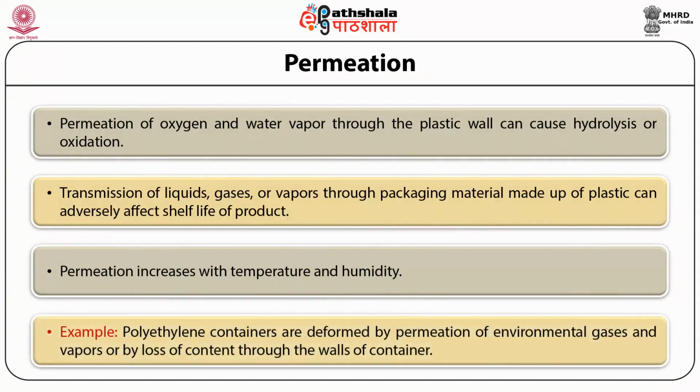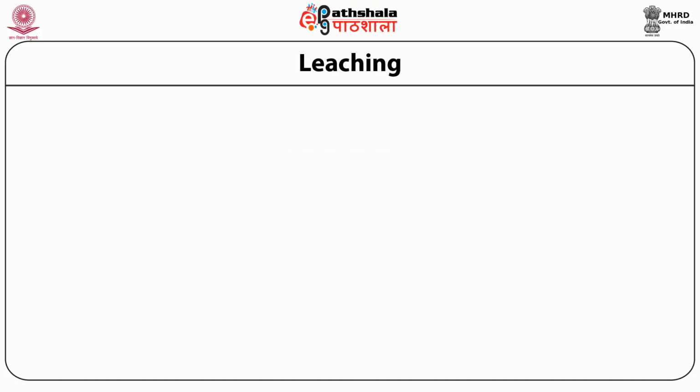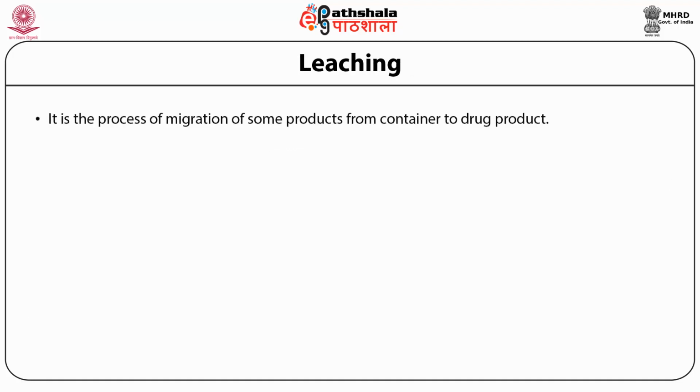Examples: polyethylene containers are deformed by permeation of the environmental gases and vapors, or by loss of content through the walls of the container. Another consideration is the leaching. Leaching is the process of migration of some products from the container to the drug product, meaning certain ions or compounds are coming out from the container into the drug.